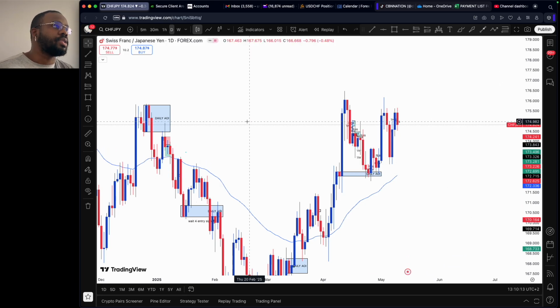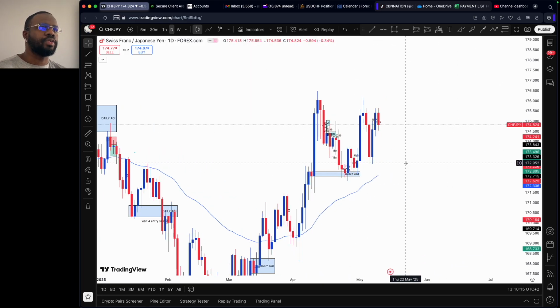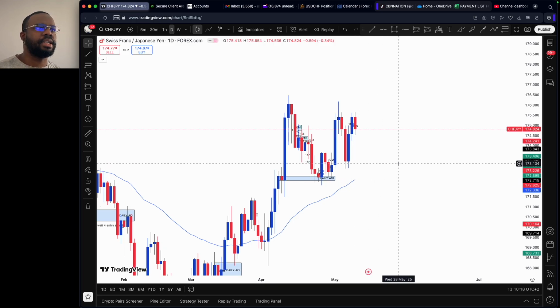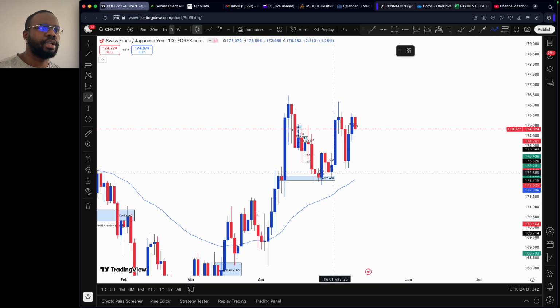So this is CHFJPY. On CHFJPY, I am still seeing up movement, because all the price action you are seeing over here is a push from this daily area of interest to make a new higher high.